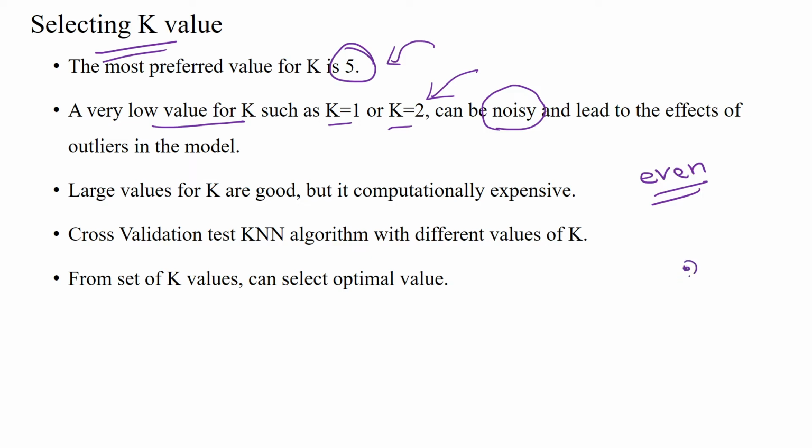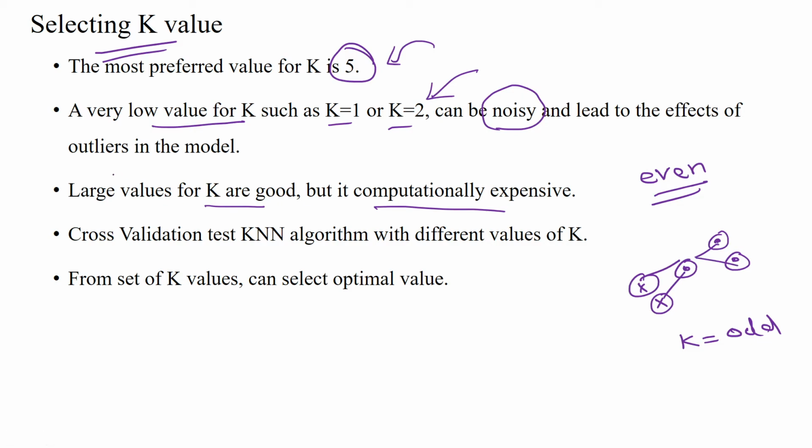You see, the test data point will be here, k equal to 4, here two samples and here two samples, so there is the possibility of misclassification. So mostly k is chosen as an odd number. Large values of k will be good, but it is computationally expensive because it calculates the distance between all the training samples every time.